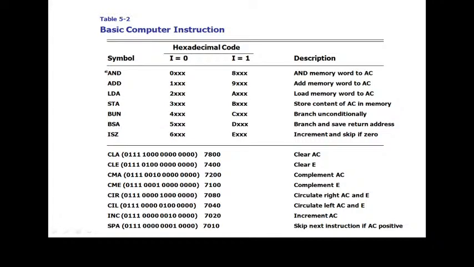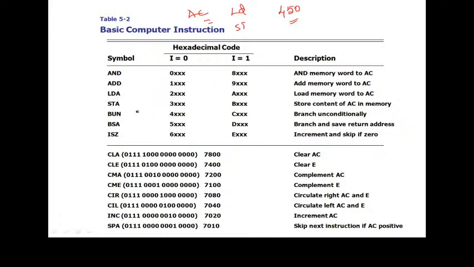When I say load 450, from the memory location 450 the content will get transferred to the accumulator, right? When I say store, from the accumulator to memory location 450 the content will get transferred, right?